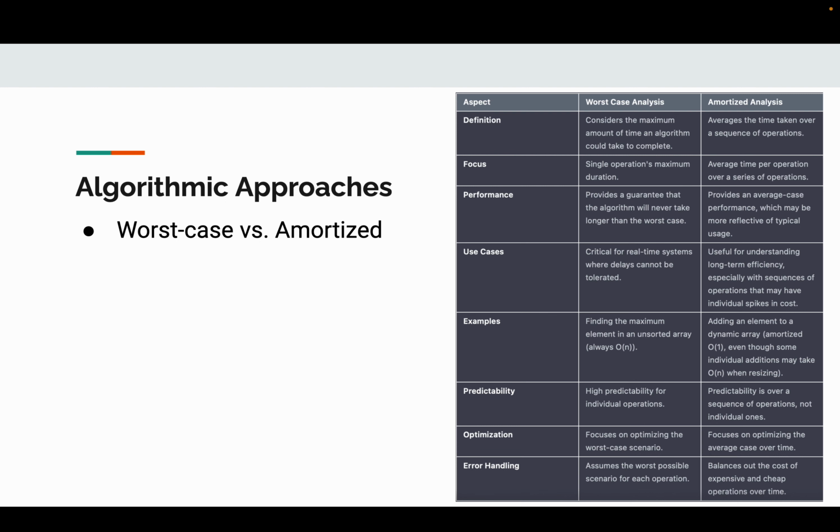Worst-case analysis is crucial for systems where failure to perform in a timely manner is not an option, while amortized analysis gives a more balanced view of performance, particularly when an algorithm experiences operations of varying cost.